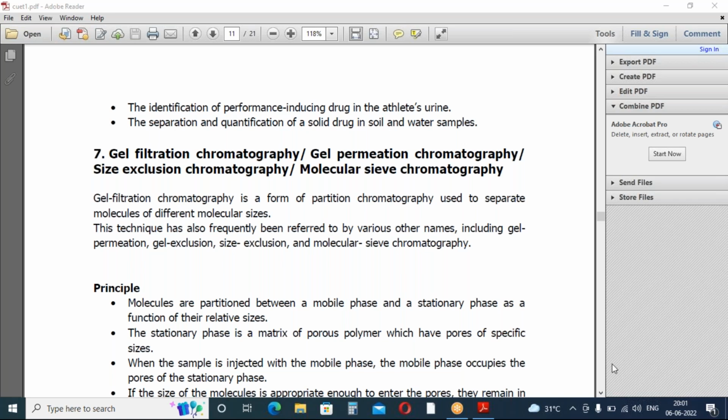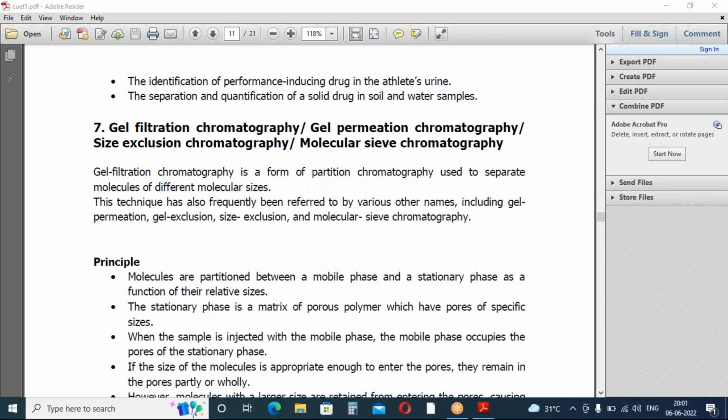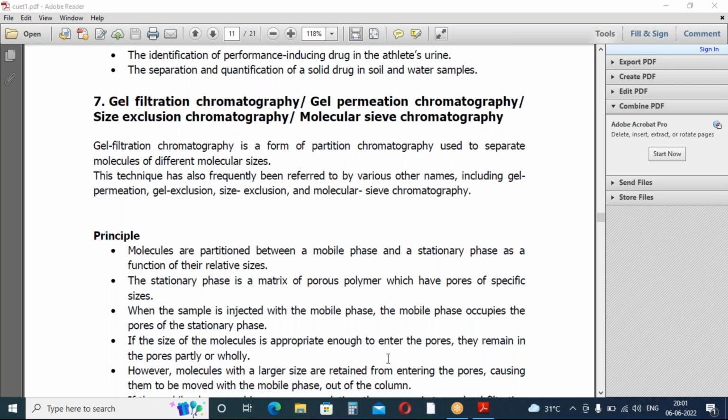The sample is injected with the mobile phase, and the mobile phase occupies the pores of the stationary phase. If the molecule is small enough to enter the pores, it binds wholly or partly, depending upon its size, between the stationary phase and mobile phase.